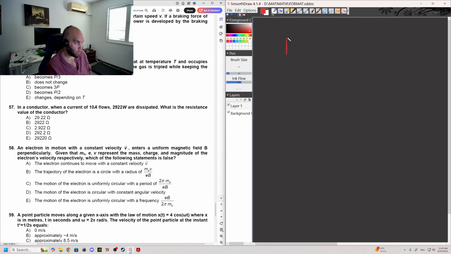Anyway, for an ideal gas, what I have is this equation.